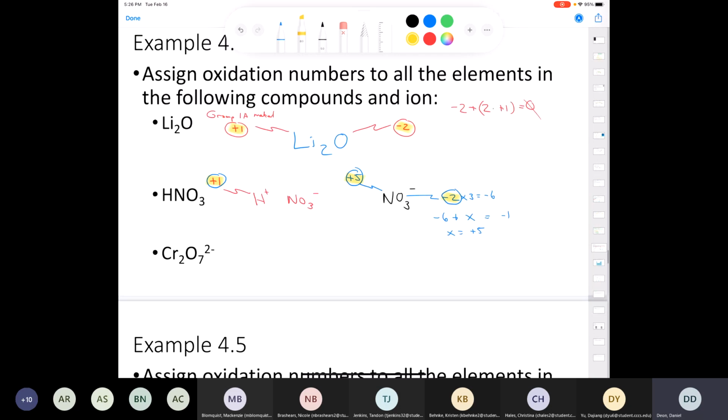Well, with that in mind, I want you to try this polyatomic ion here. Could anybody tell me the name of this polyatomic ion? It's one of the ones you have to have memorized in this class. I'll give you a few seconds to think about it. Come up with an answer.